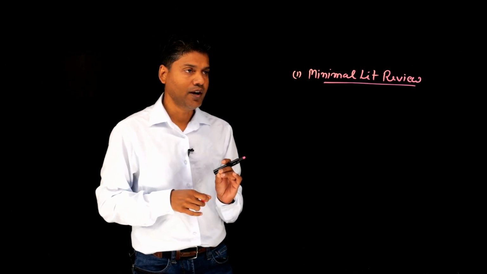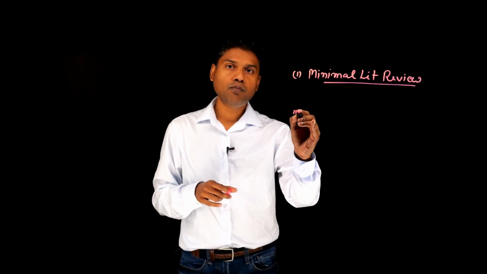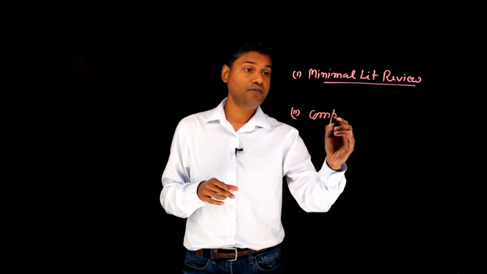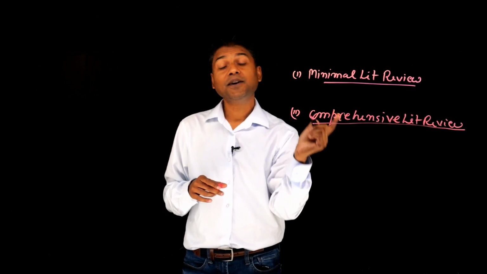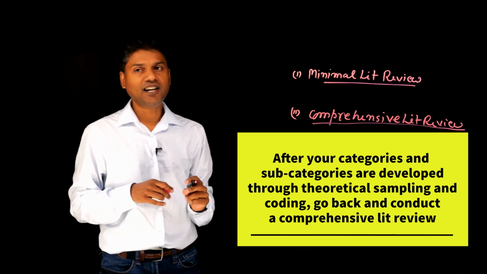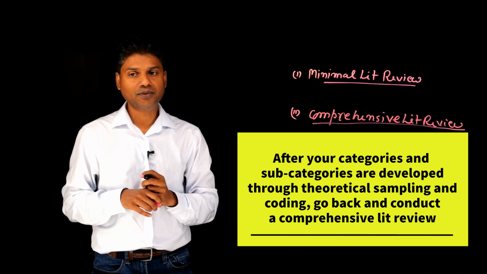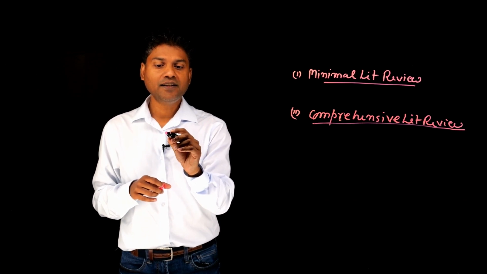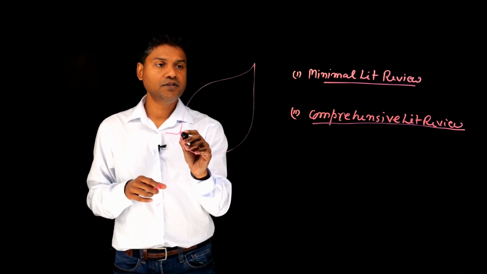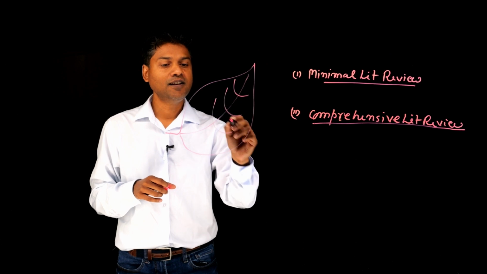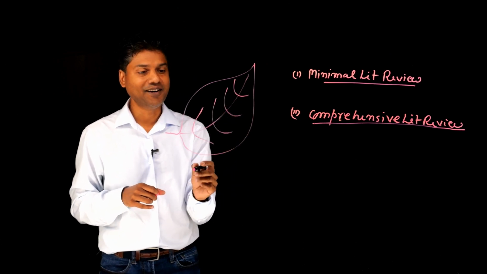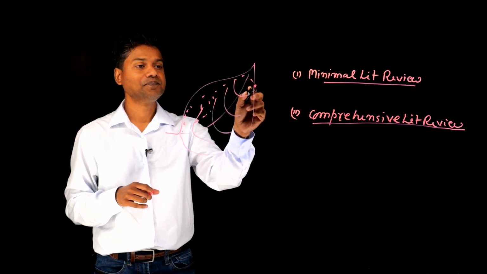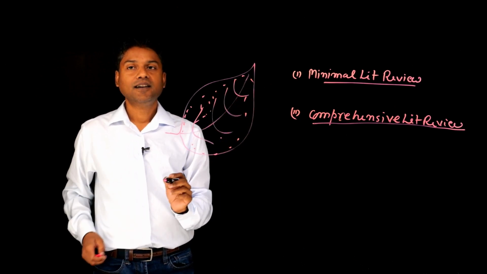Now, at this point, you go back and do a comprehensive literature review. So you are going back to the literature, and this time you are doing a comprehensive literature review. Now remember that your theory is already developed. Let's say this is your theory. I'm making it in the shape of a leaf, but let's say this is your theory with some categories and some subcategories.